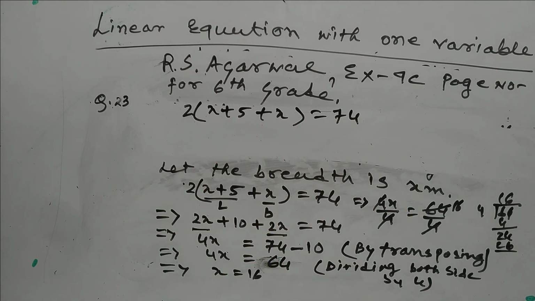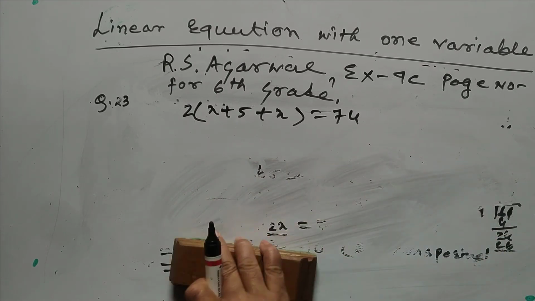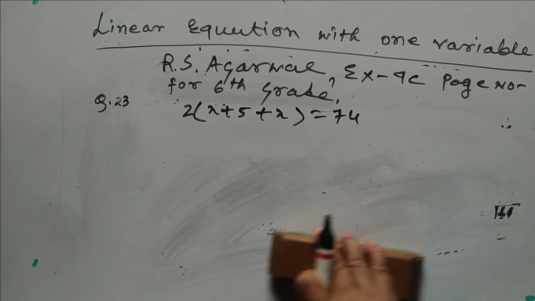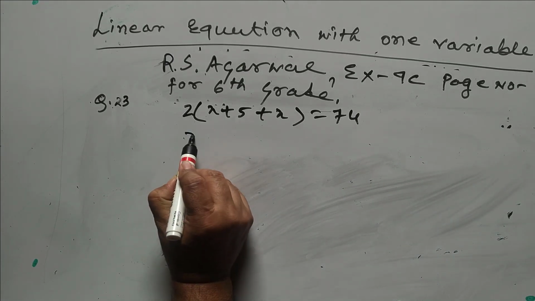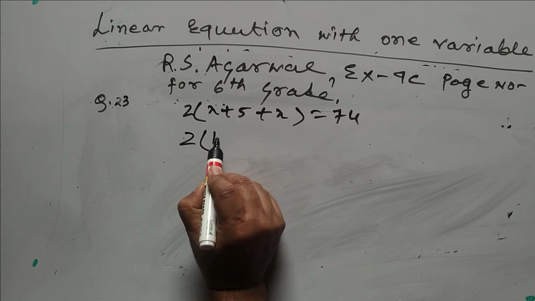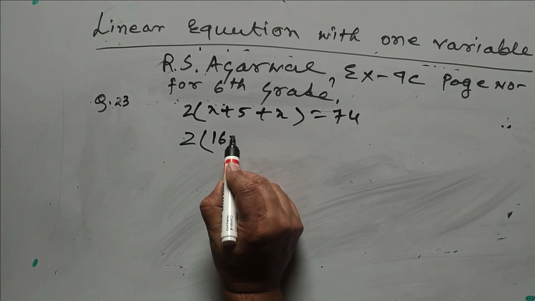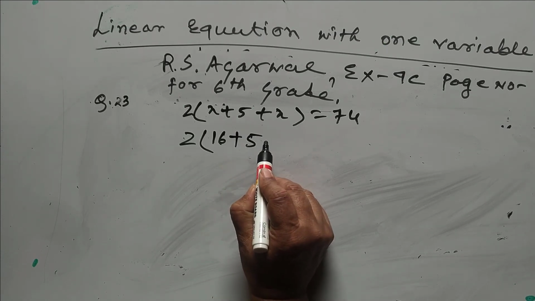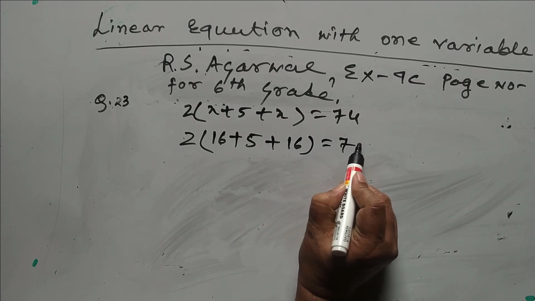By replacing the value of x, we get 2 into 16 plus 5 plus 16 equals 74.